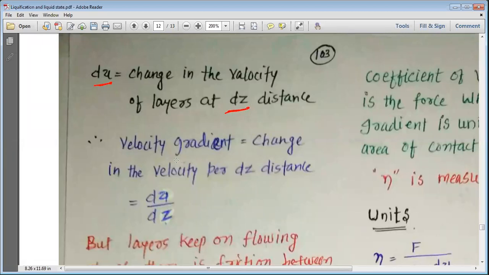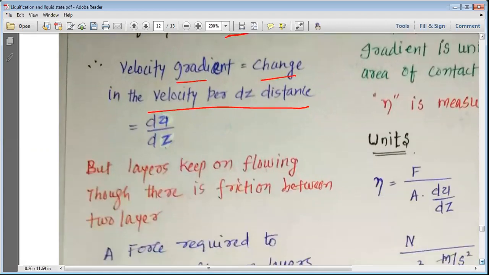This velocity gradient, that is the change in the velocity per dz distance, is written as du by dz. Here the velocity gradient for us is du by dz.